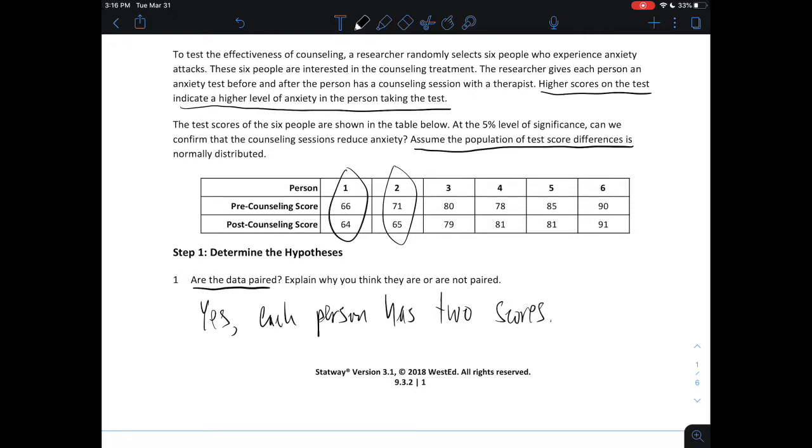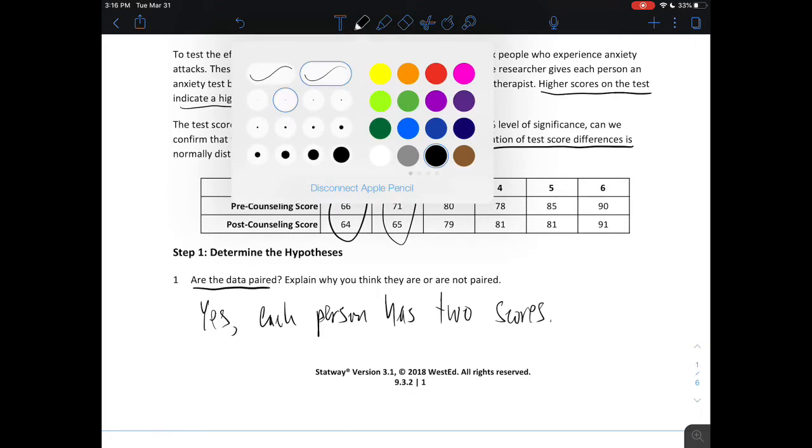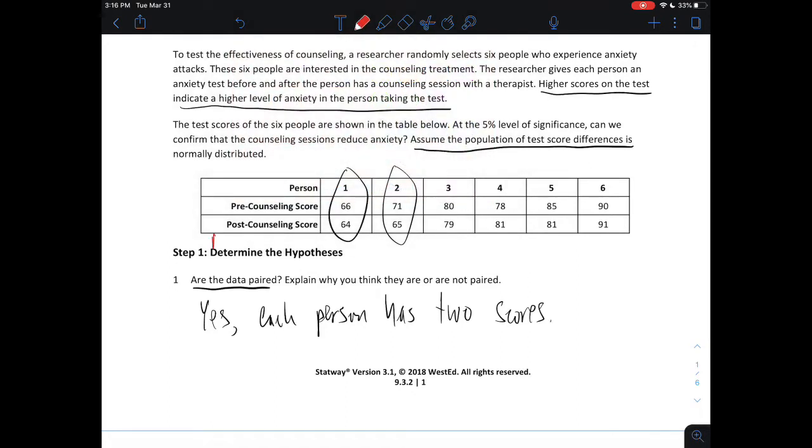So we're going to make a new row at the bottom here that just has the post score minus the pre-counseling score. So for example, if I take for person number 1, the post-counseling score of 64 minus the pre-counseling score of 66, that's -2.